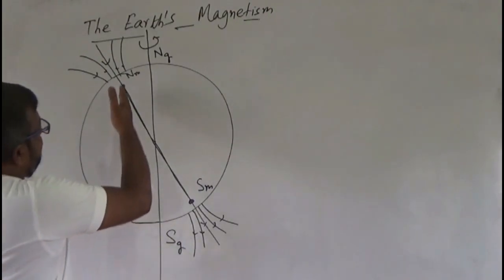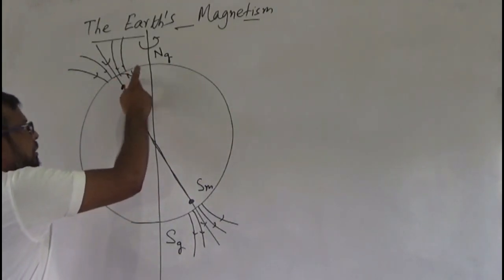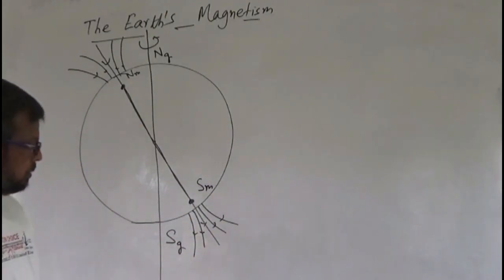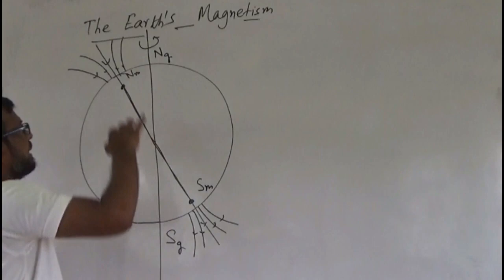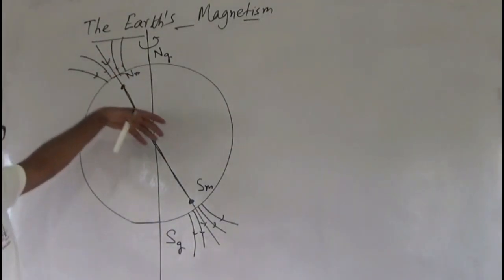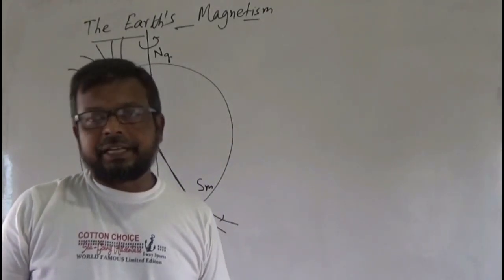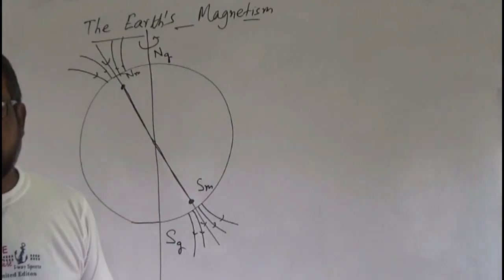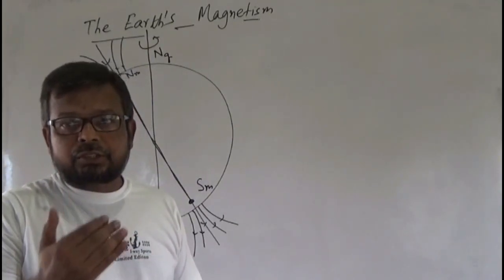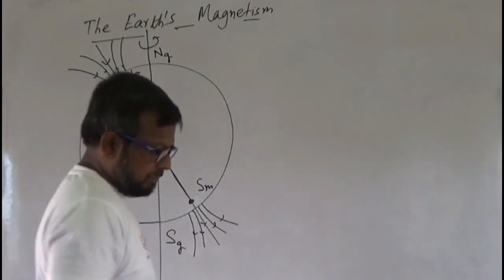Now see here, we have named this pole as north magnetic pole and this is south magnetic pole. But magnetic field lines are entering this north magnetic pole. This makes some confusion. But to remove this confusion, just remember one thing.